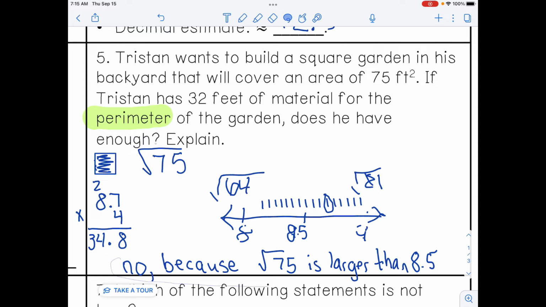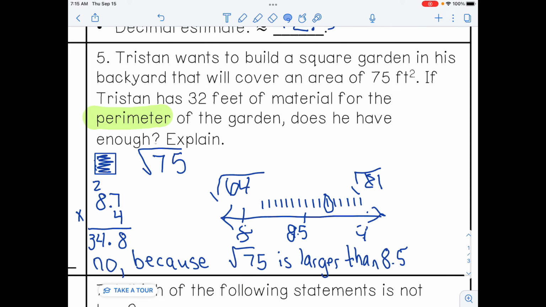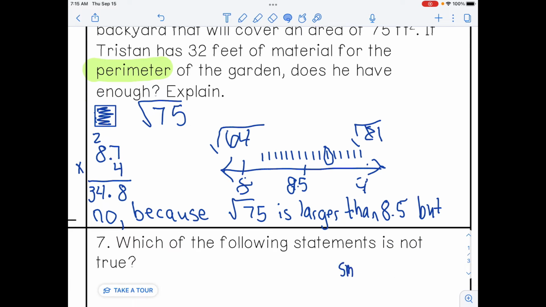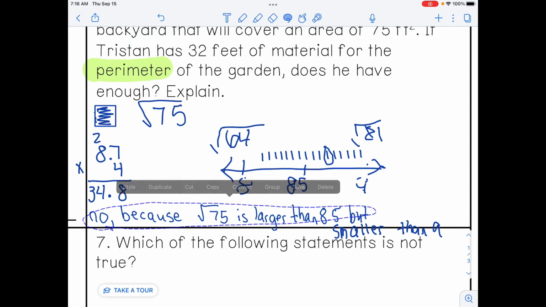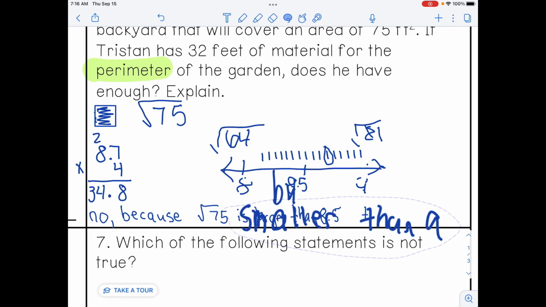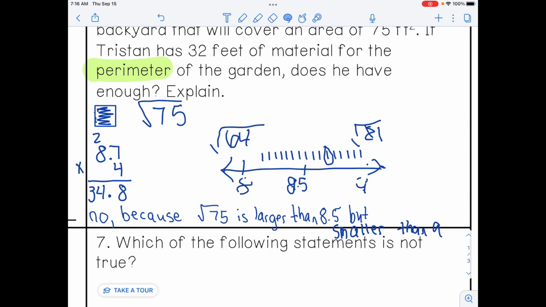Sorry, I ran out of room, so I have to move this up a little. Okay, and that's a 9, not an 8.